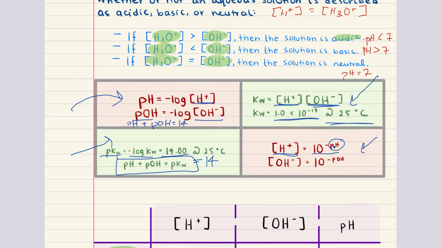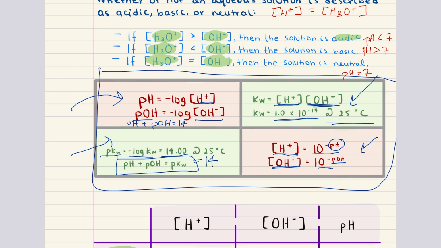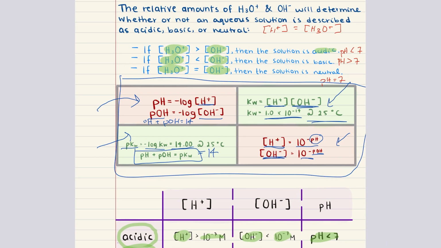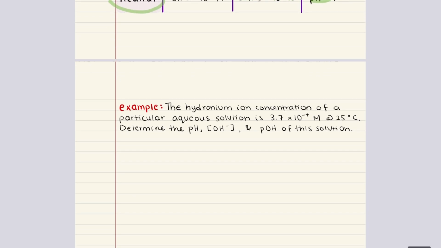To figure out the concentration of hydroxide ions, that's just 10 to the minus pOH. This helps you interconvert between different things depending on what you're given in a problem and what you need to figure out. So the takeaway from all of this information is summarized in this table right here. All of your important equations are right there. Now with that, let's put this into effect and tackle a practice problem together.